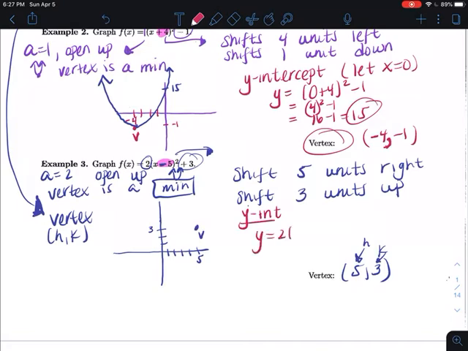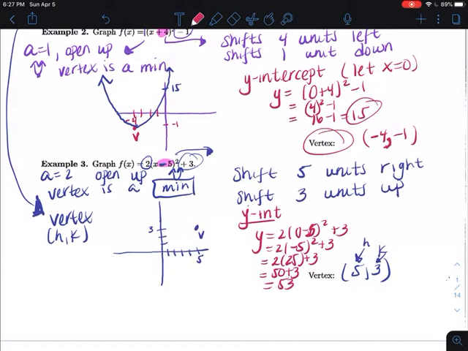So here I'm finding my y-intercept. y equals 2 times (0 minus 5) squared plus 3. So this is 2 times -5 squared plus 3. -5 squared is 25. So this is 2 times 25, which is 50, plus 3 equals 53.